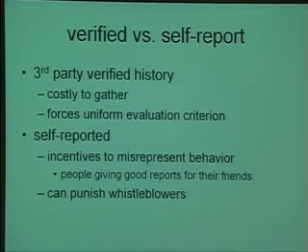One issue that comes up is, should the information be verified independently, or is it just self-reporting? Third-party verification can make people feel more confident about the accuracy. It also has disadvantages: it could be costly. Someone has to pay or motivate this third party.